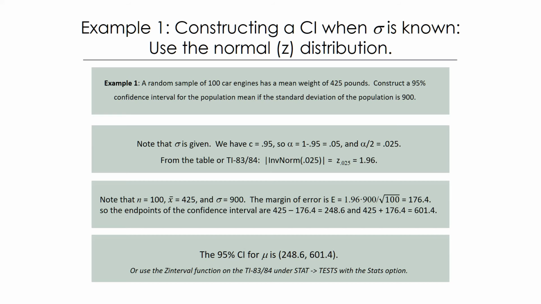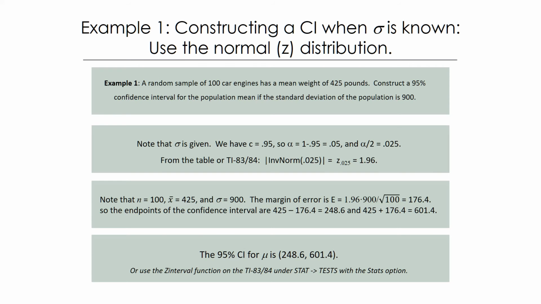Then from either a table of z-scores or the TI-83 or 84 calculator, we can find the z-score that corresponds to that, the critical value, by taking the absolute value of inverse norm of 0.025. And that's z sub 0.025, which comes out to 1.96.